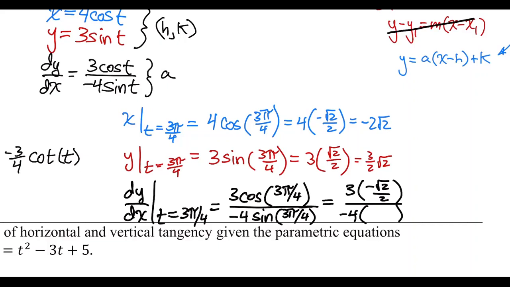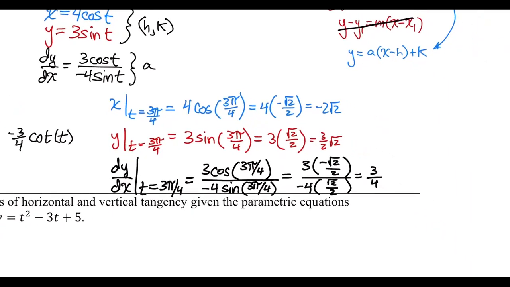Sine of 3 pi over 4, we've established, is radical 2 over 2. Opposites divide to equal negative 1. So we're talking about negative 3/4 times negative 1, which is going to be positive 3/4. Right? So then we have all of our ingredients.